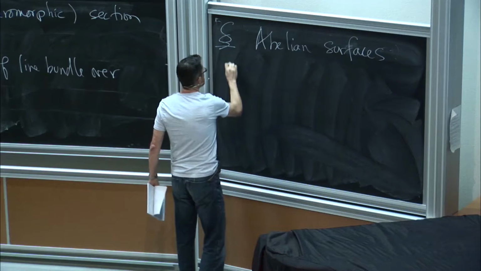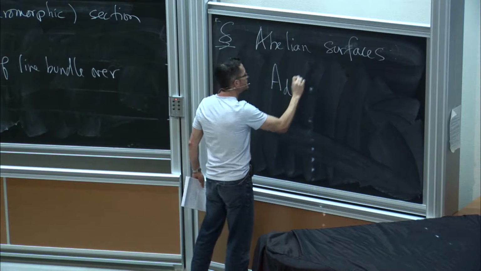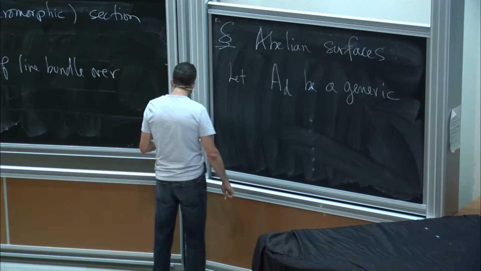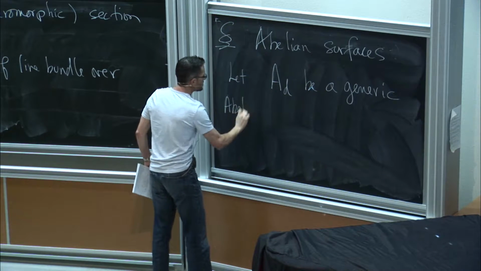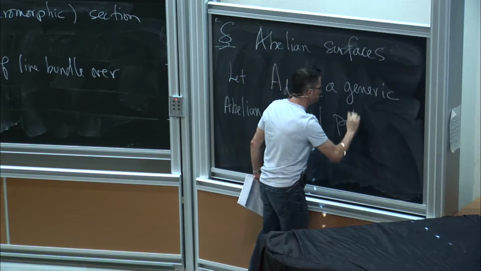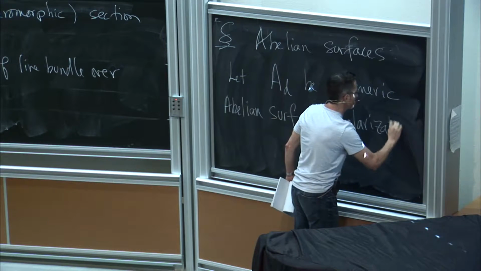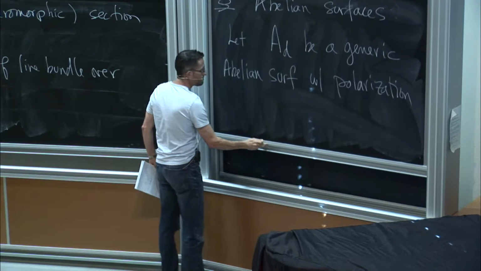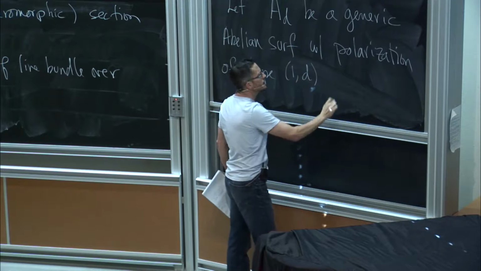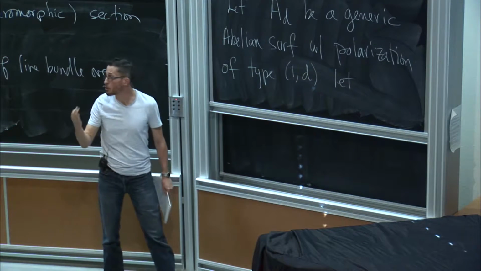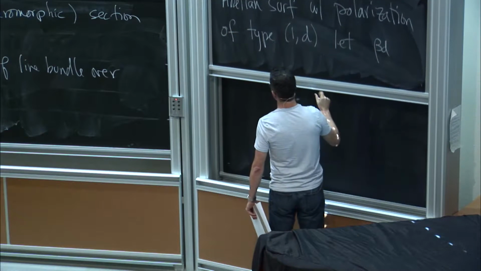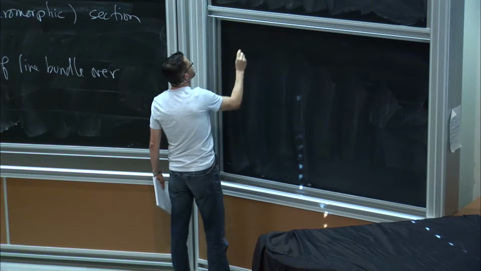So I'm going to let A_D be a generic abelian surface with a polarization of type (1,D), and so there's a corresponding curve class that I'll call beta_D. Beta_D be the corresponding curve class.